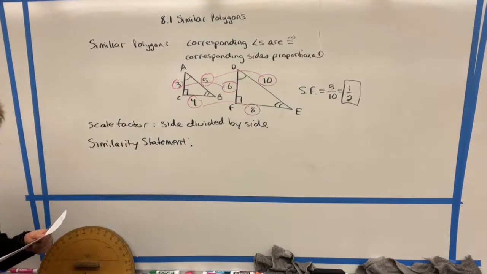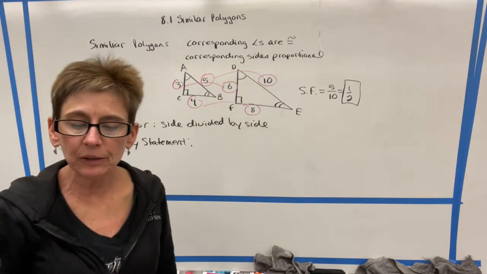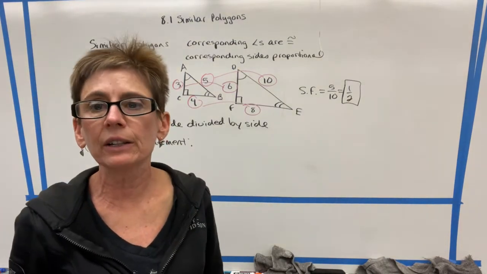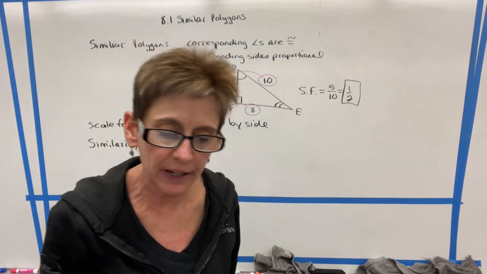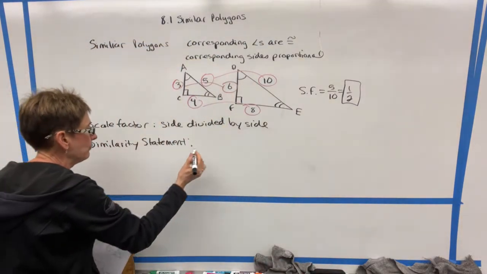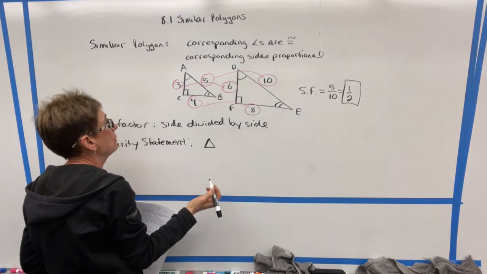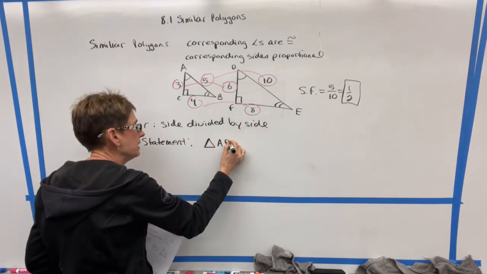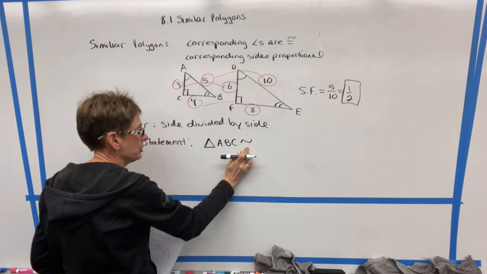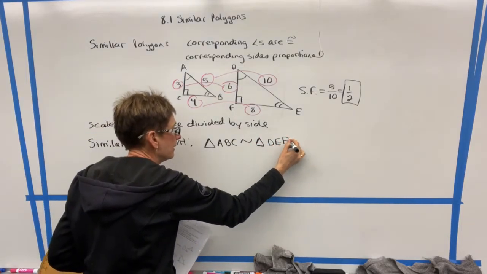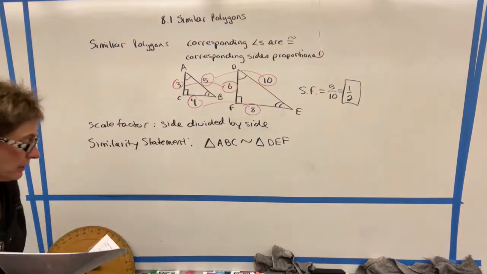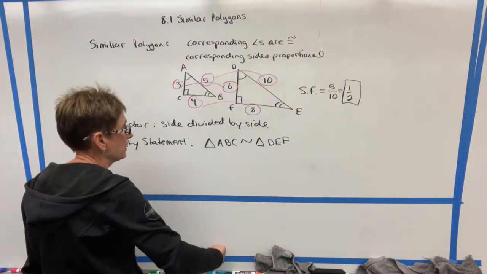So a similarity statement indicates which angles and sides in the first triangle correspond to which angles and sides in the second triangle. So it is in the format, for this example, triangle ABC is similar to triangle DEF. Now, the important thing to notice is that the order here is important.